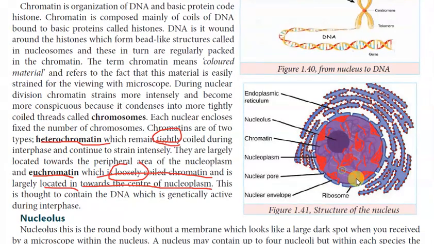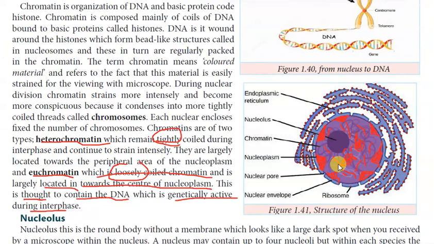So during interphase hauwezi kuziona euchromatin. This is thought to contain the DNA which is genetically active during interphase. Remember, tumesema interphase ni kipindi ambacho cell inakuwa highly dividing. Hawa euchromatin hawawi coiled sana.